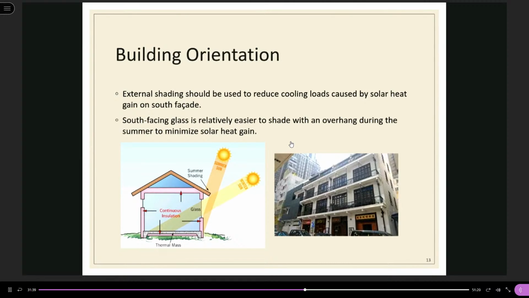A short overhang will be enough to block the summer sunlight, because for the north and south facades, the summer sunlight usually comes at a high angle. But for the east and west directions, sunlight comes from a lower angle, so it is much more difficult to block this low angle sunlight.